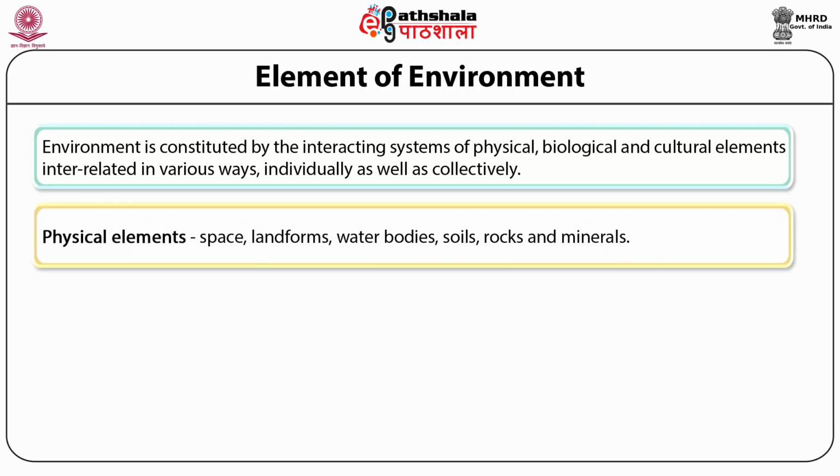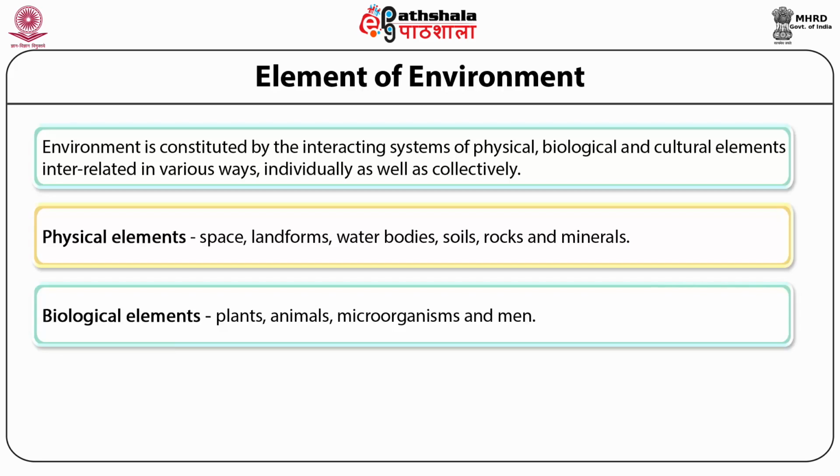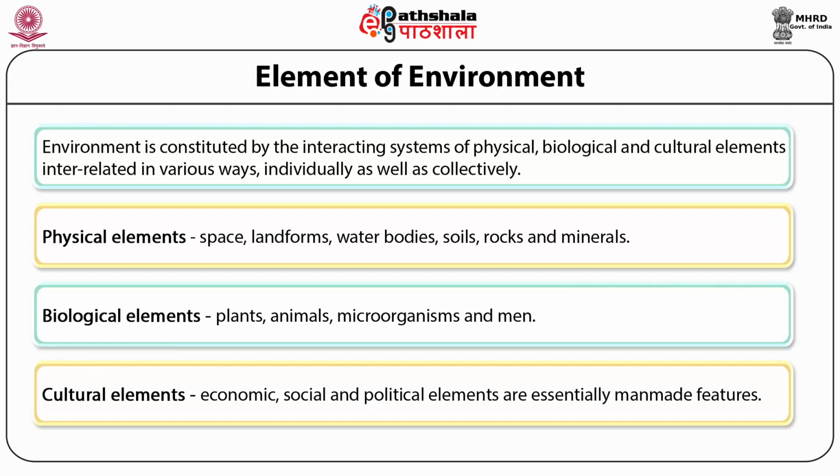Physical elements are space, landforms, water bodies, soils and minerals, whereas biological elements constitute plants, animals, microorganisms and man. Cultural elements, which are mainly economic, social and political, are essentially man-made features. These cultural elements have impact on both physical and biological elements. So when we discuss the different spheres, all these elements contribute to the biosphere, atmosphere, geosphere and hydrosphere.